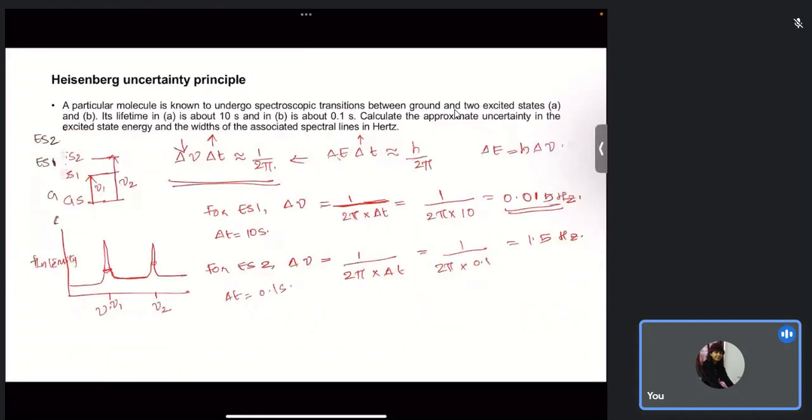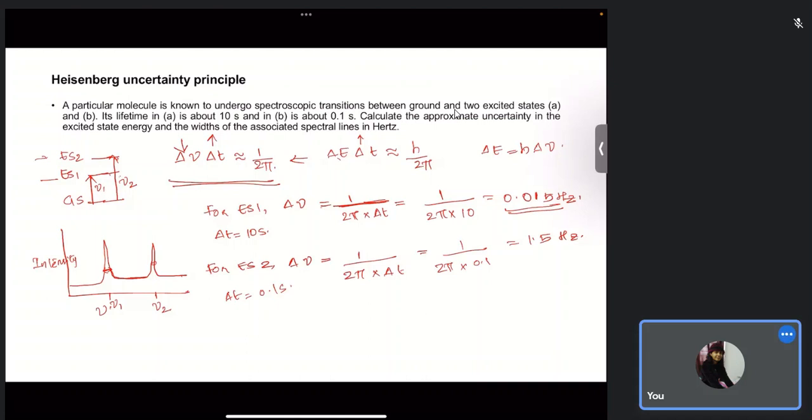This is a problem based on the Heisenberg uncertainty principle. We have been given lifetimes of 2 excited states, and we have been asked what is the approximate uncertainty in the excited state energies, and what is the approximate width associated with the spectral lines of those particular transitions in Hertz.